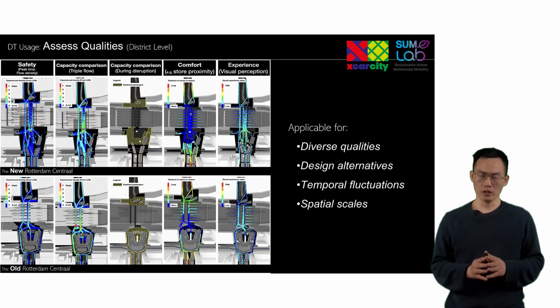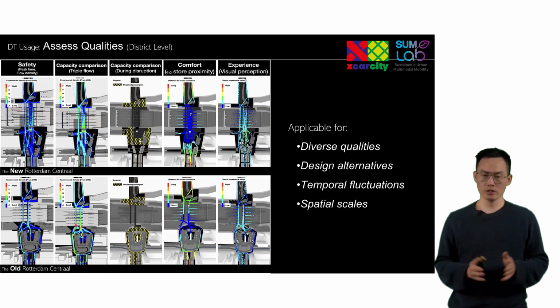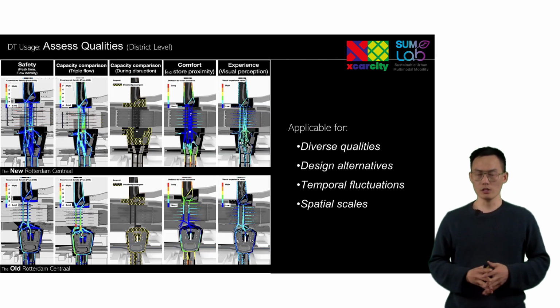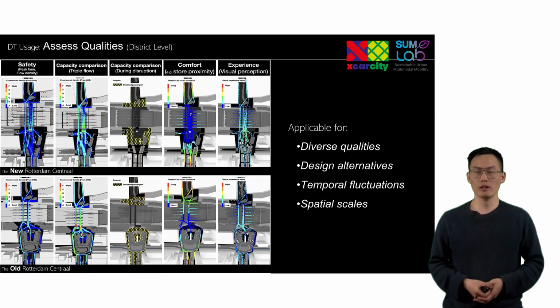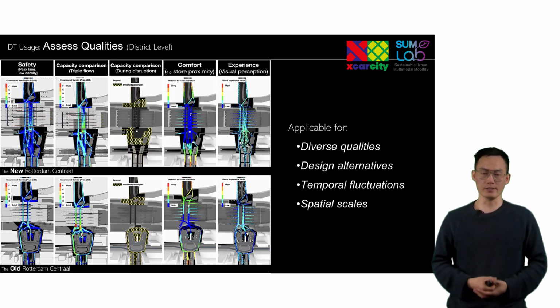But we will also make the digital twin able to zoom in so we can see more details at finer spatial temporal resolution, and we will assess different kinds of qualities: safety, congestion, comfort, visual experience.